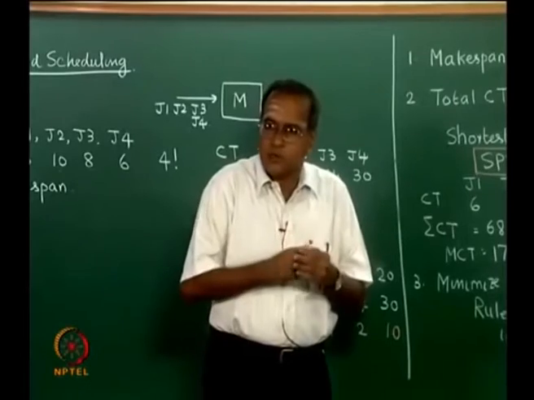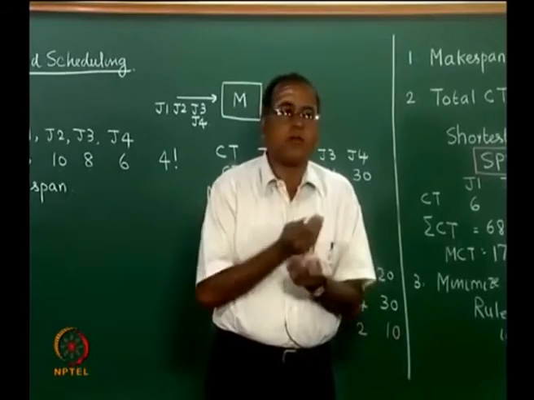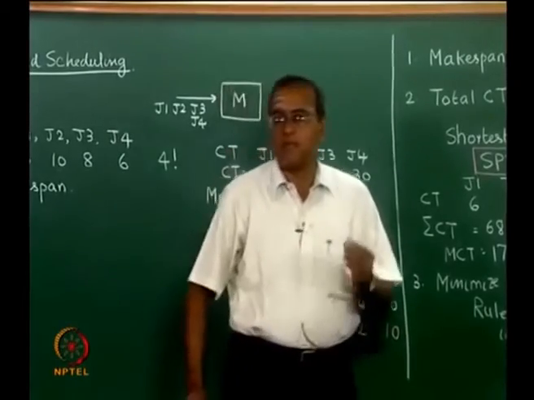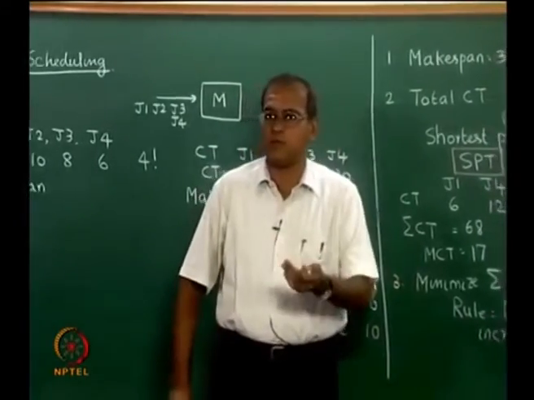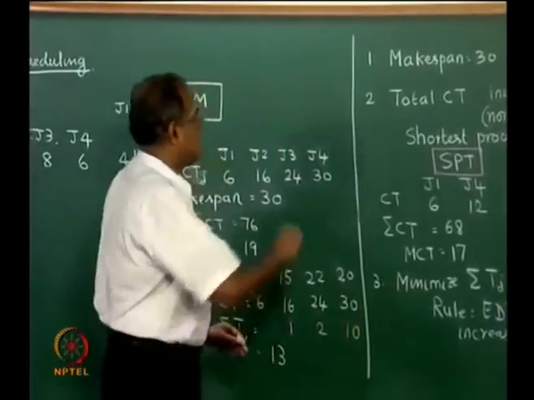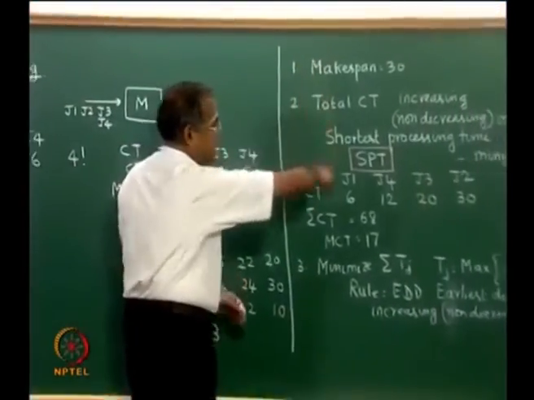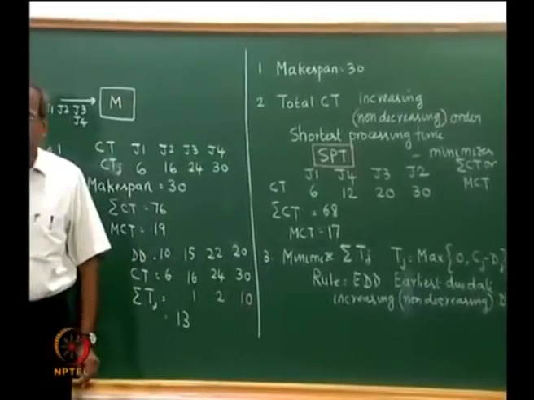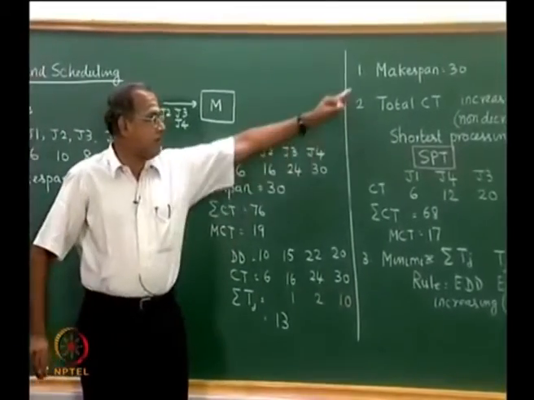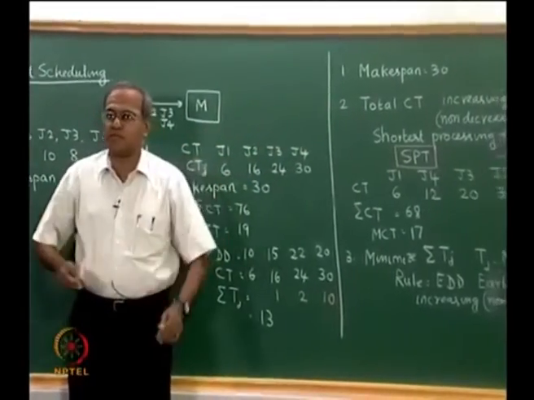Then we get into the next question: can we get to the optimum solution always, and if so, how do we get to it? Because for the two earlier objectives, makespan and total completion time, we have said that for the makespan any sequence is optimal.